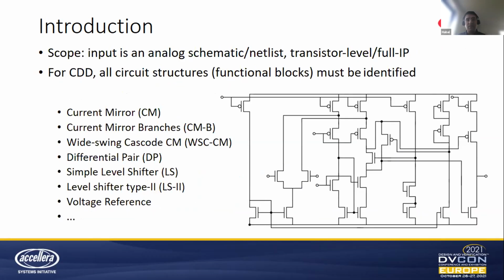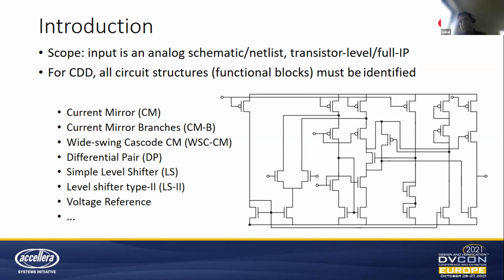And for the scope of this, our input can be a simple circuit block at the transistor level and can go all the way up to a whole IP, which has some nested hierarchy of subcircuits. And for this constraint-driven design, all the structures and functional blocks in different levels of hierarchy must be identified.